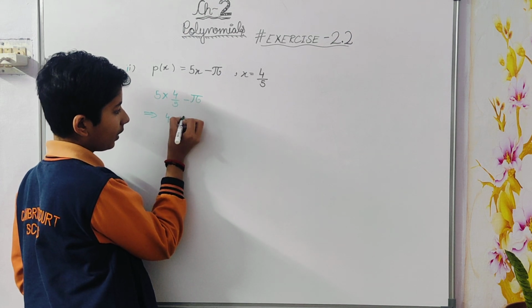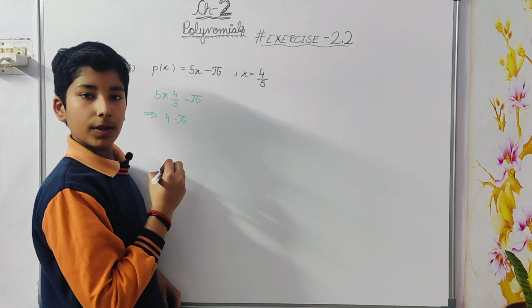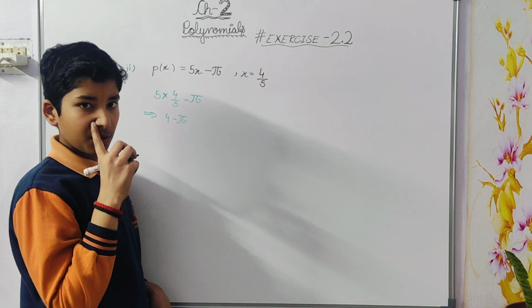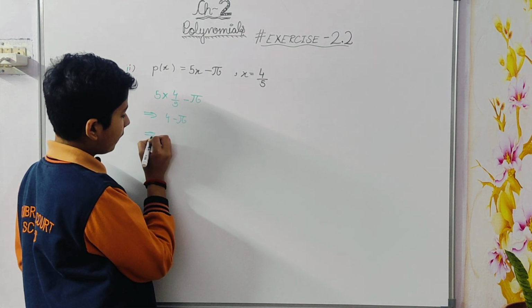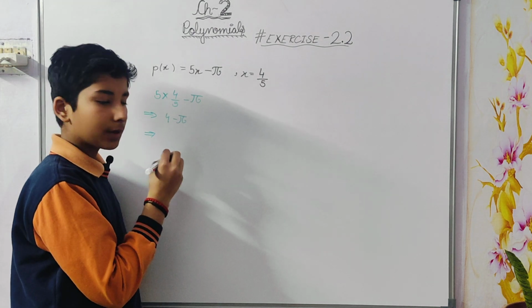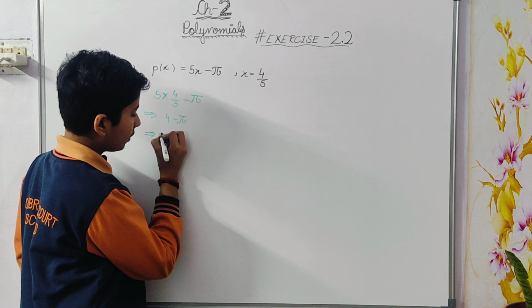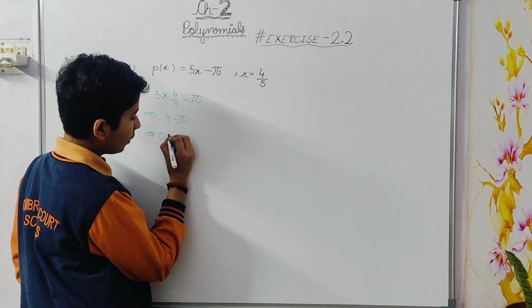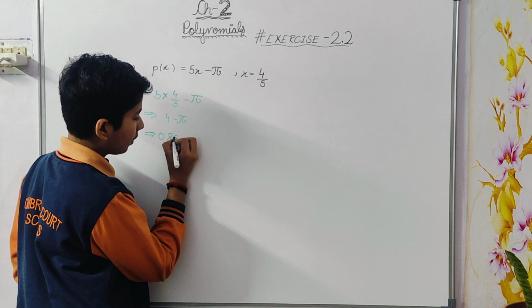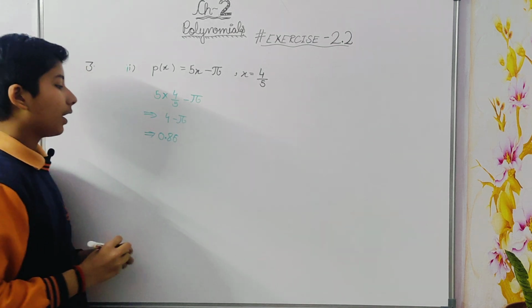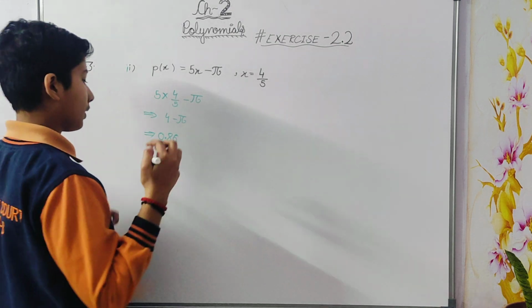4 minus pi. And pi, we all know, is an irrational number, 3.14. So if we subtract 3.14 from it, what will be left? 0.86 approximately.